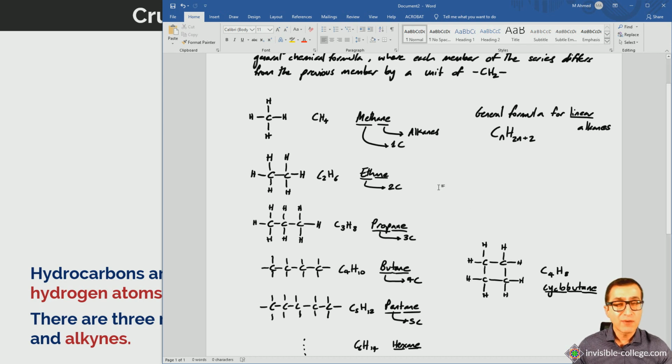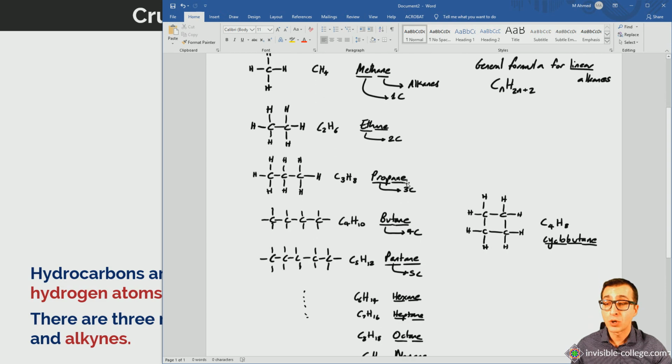So you can see here that there is a specific systematic way of naming hydrocarbons, and also in organic chemistry there is a systematic method of naming the compounds depending on the arrangement of atoms, the numbers of atoms, and what types of bonds are present. This allows organic chemists to use a single naming system or nomenclature to describe all organic molecules.